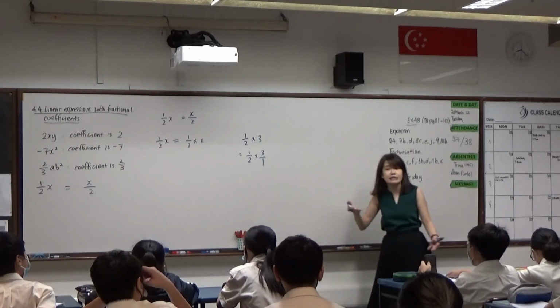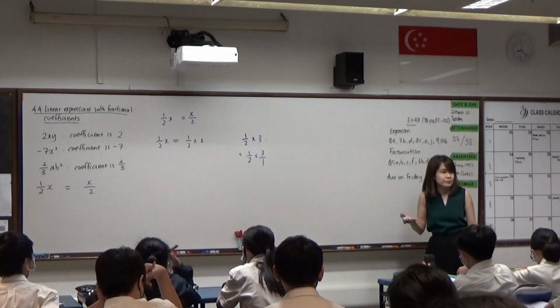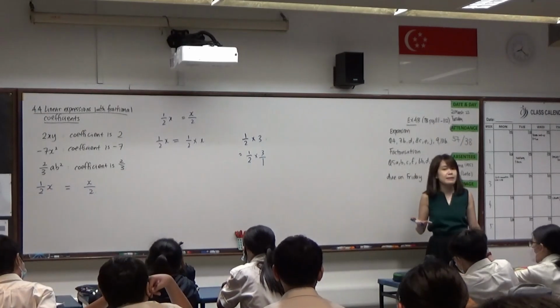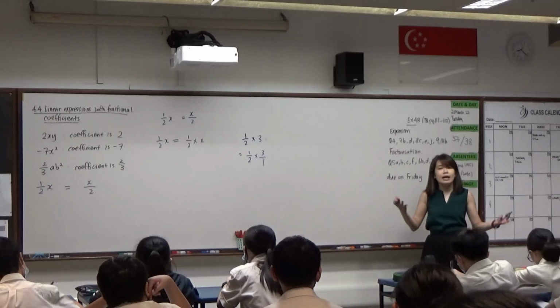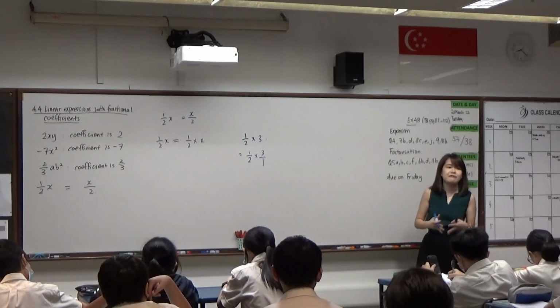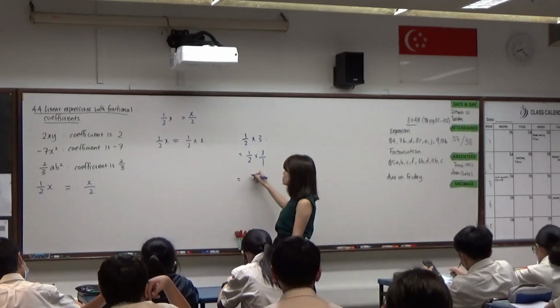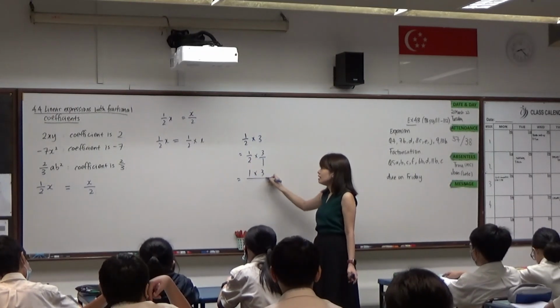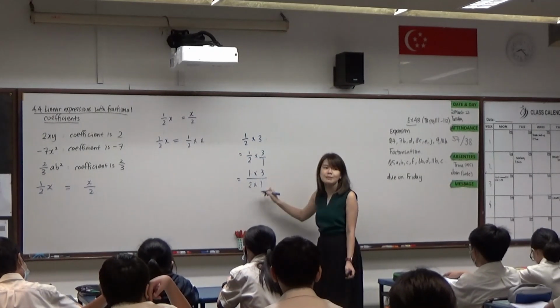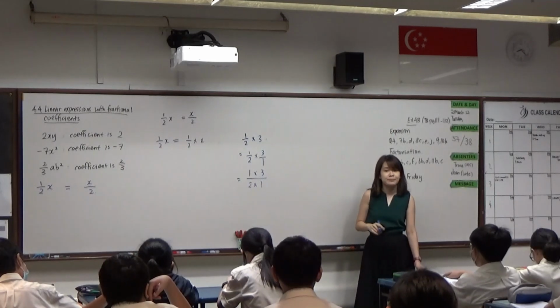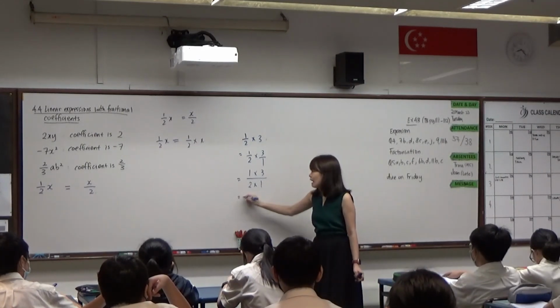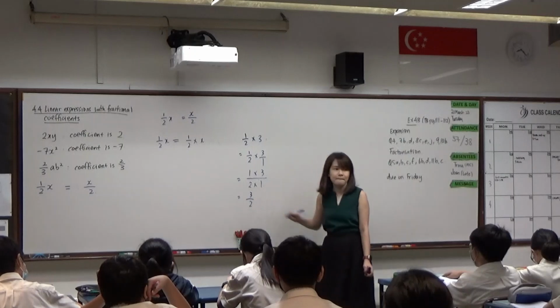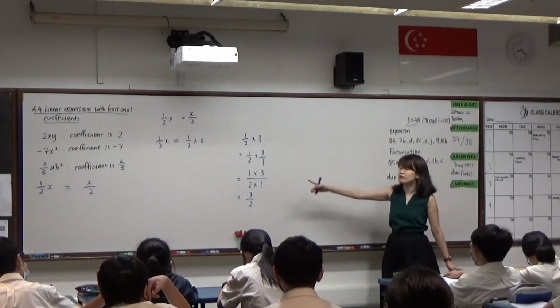These are things that we have learned in primary school. And how do we go about multiplying fractions? We take the numerator times the numerator and the denominator times the denominator. Therefore I will get 3 over 2, in this particular case.